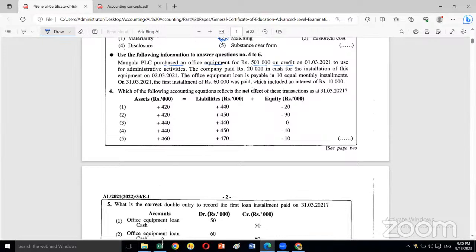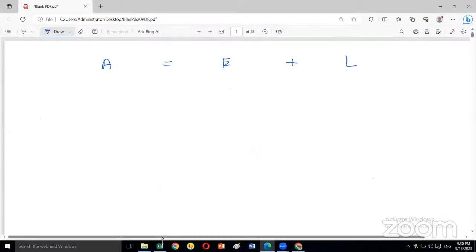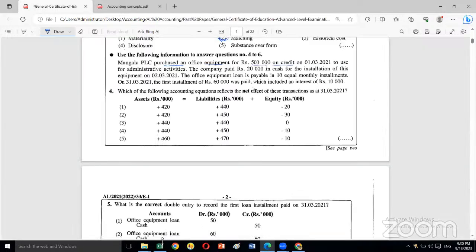We studied that a credit purchase will increase the liability, so I increase the liability by 500,000. At the same time, I am purchasing equipment, which is an example of a non-current asset.